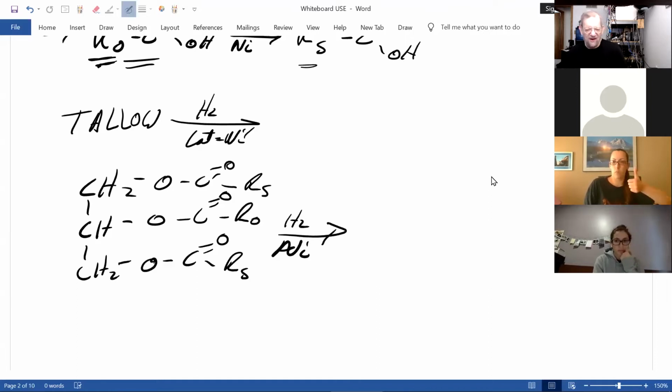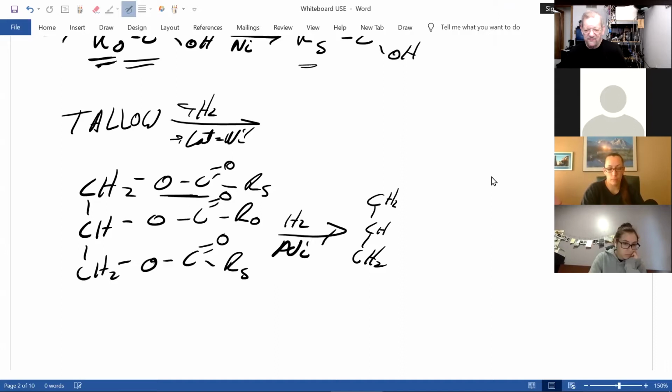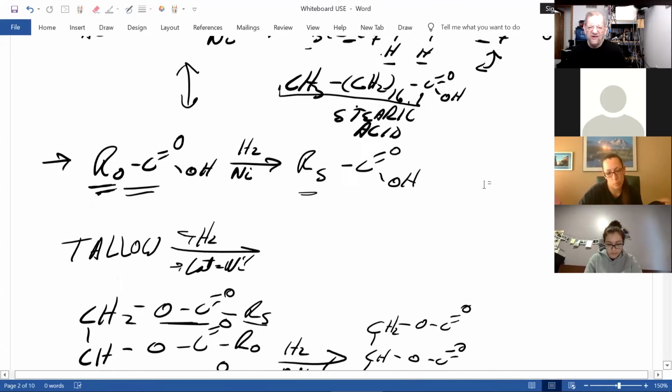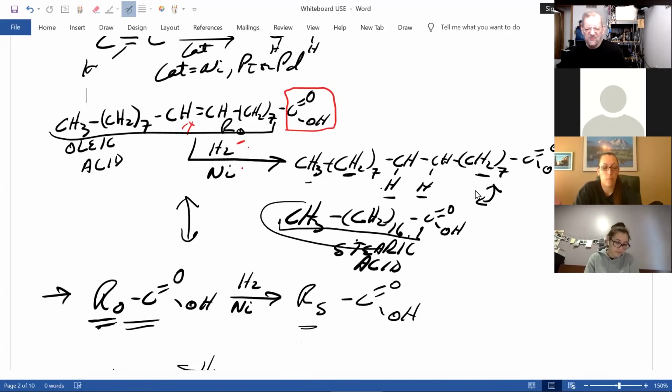I think everybody's done. So let's take a look at this. Well, this is an ester. Esters do not react with hydrogen or with a catalyst. So since it doesn't react and it doesn't break carbon-carbon single bonds, now what's R sub S? Well, if we come up here, that's this right here.